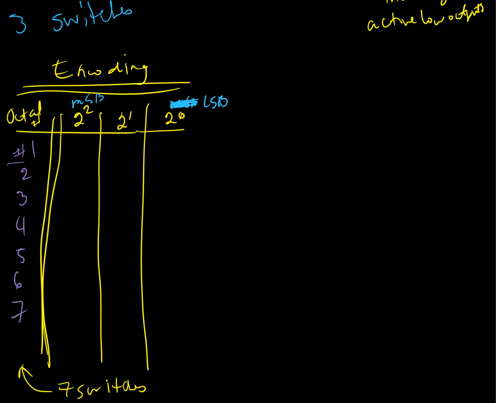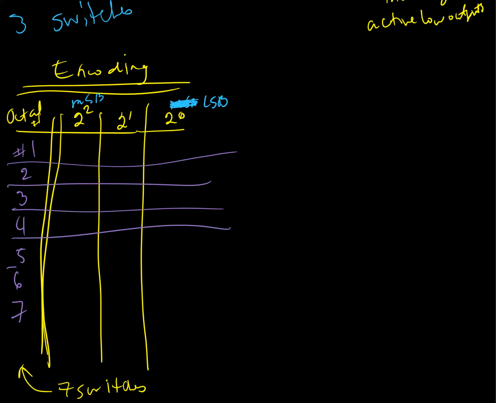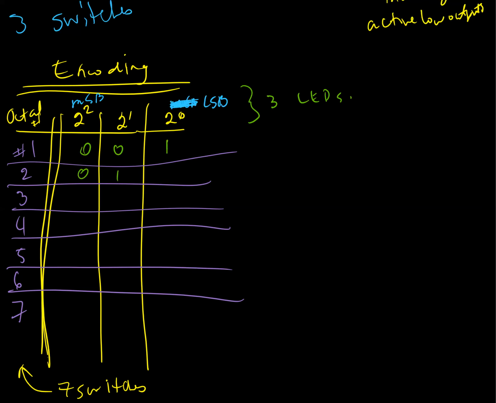I could have the case where none of the switches are high, which would be the case where none of the output LEDs are on. So these outputs are going to go to 3 LEDs so that we can see that they're on. And of course, for a 1, we're expecting binary 1, then binary 2 for 2, and so on through the table like so.